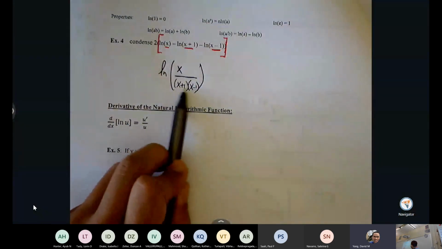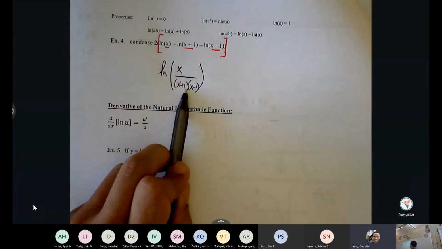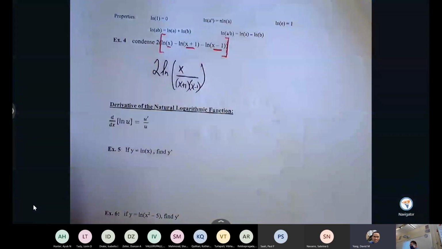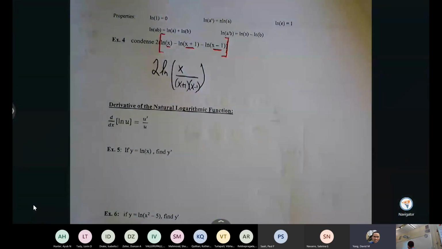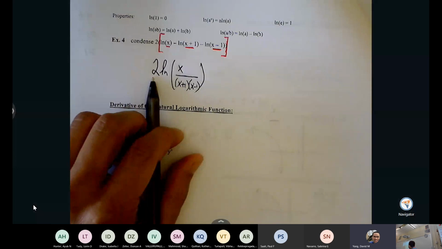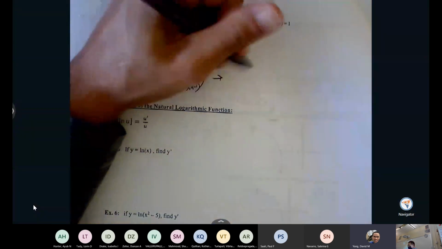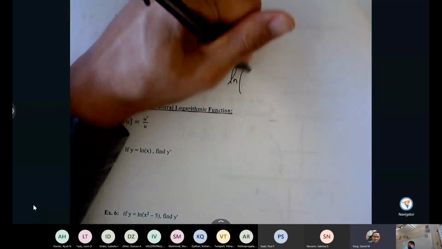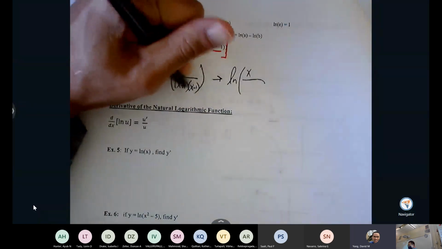Okay, if you want to FOIL this out, that's fine. But we still have a 2 sitting here. Now, a fully condensed expression has only one natural log, and also there's nothing in front of the natural log. So we need to put this 2 in another location. Exponent. So you can leave it in factored form, or you can expand this out. It doesn't matter. It's up to you.